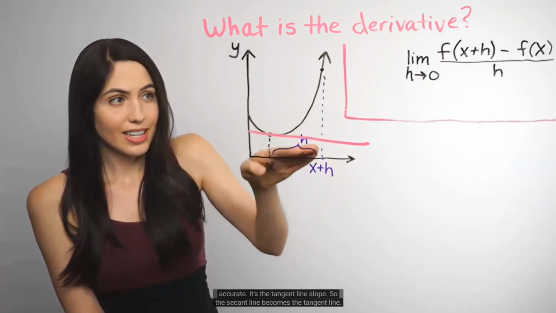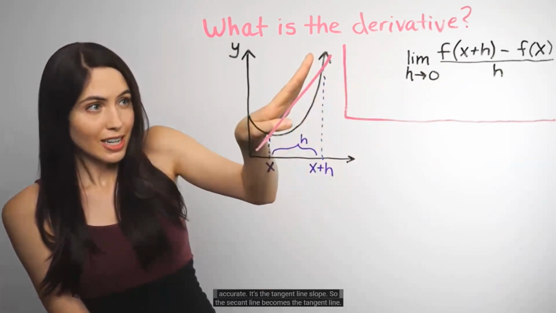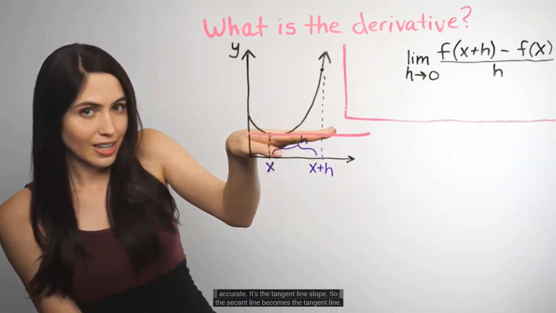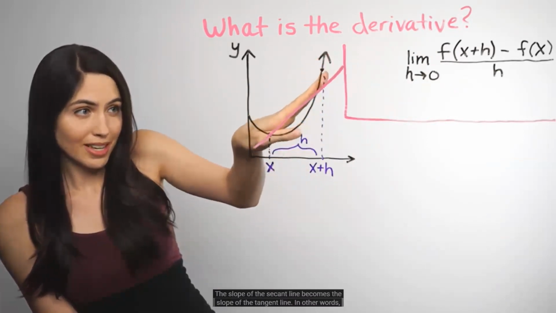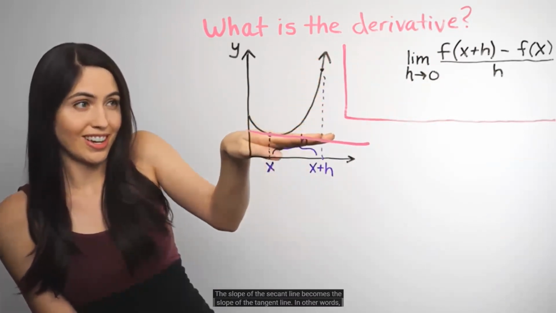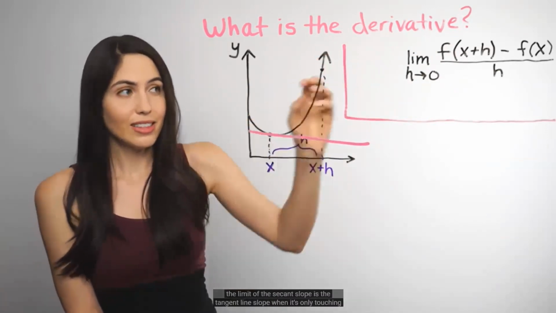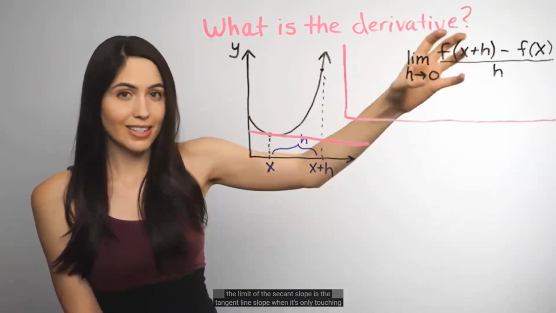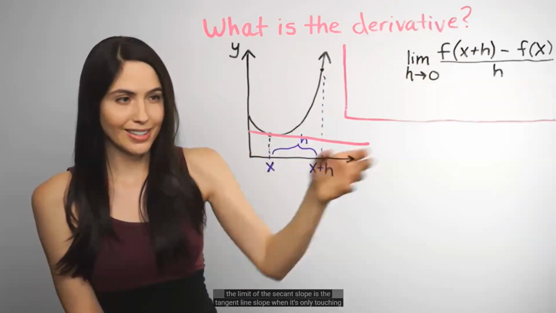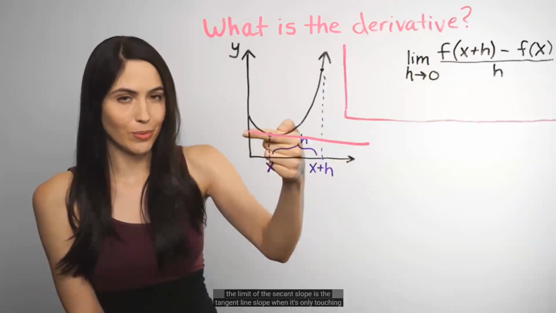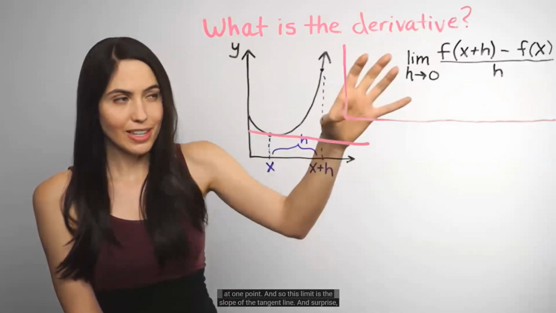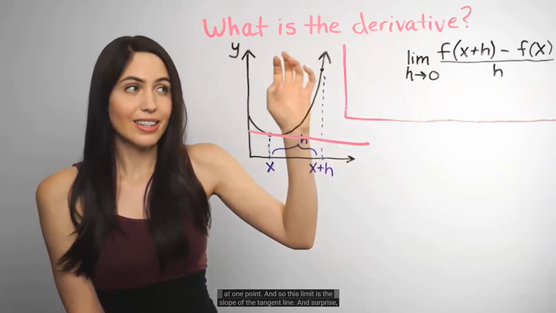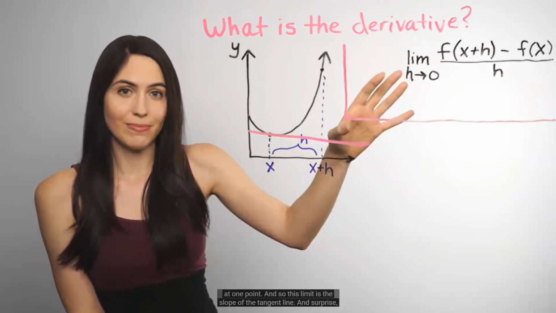So the slope of the secant line becomes the slope of the tangent line. In other words, the limit of the secant slope is the tangent line slope, but it's only touching at 1 point. And so this limit is the slope of the tangent line.